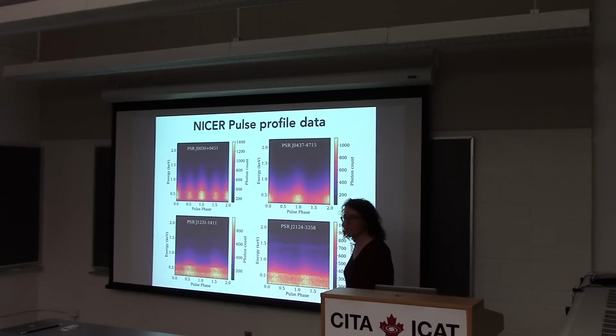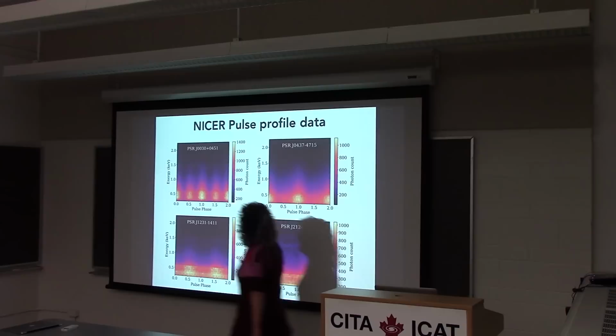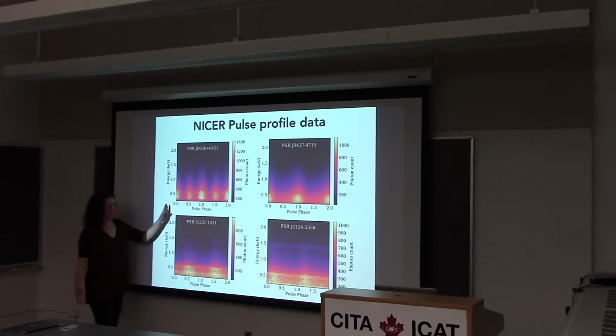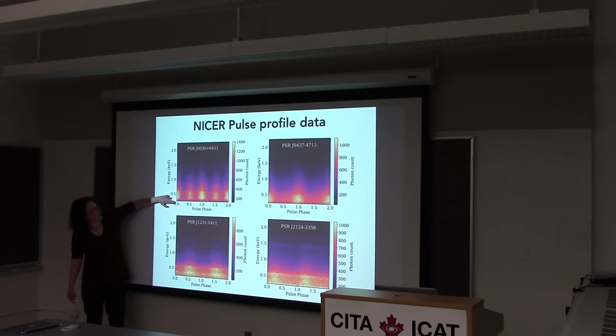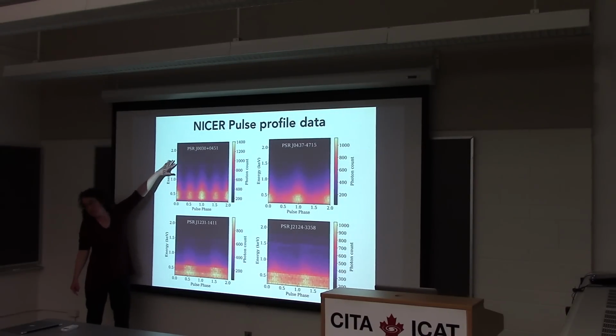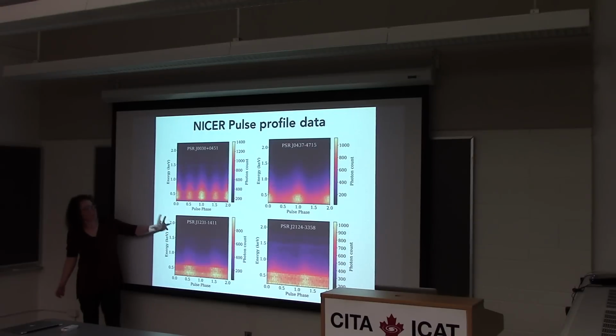And so this is the data that NICER has been producing so far. This is one pulse phase, and then this is the plot versus energy. You can see the pulses that are seen depend highly on energy. They tend to be in the soft part of the X-ray spectrum.